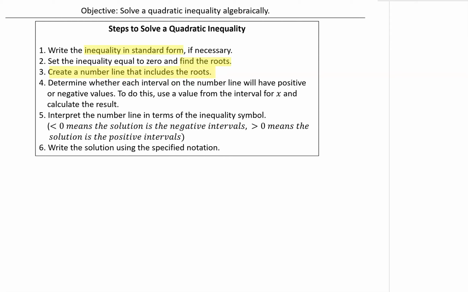Then we can either test our intervals or we can graph a sketch of the parabola to determine which sections of the number line will be positive and which will be negative. Then, interpreting that, do we want the negative or the positive situation, and write our solution using proper notation.